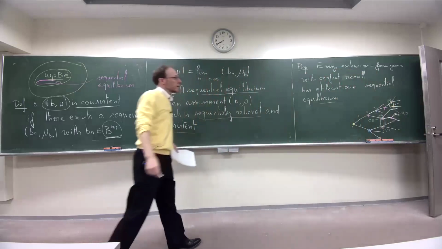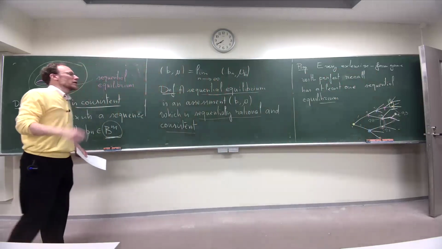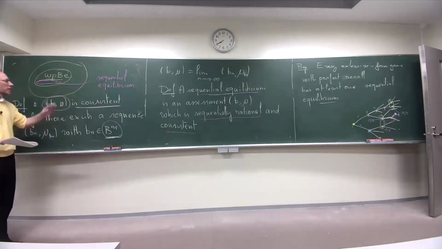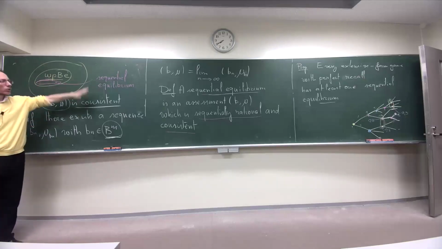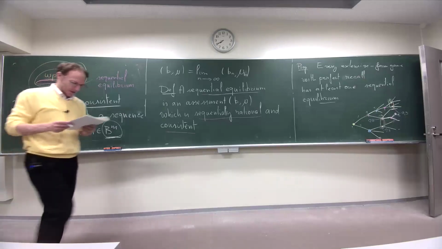So this is a result we need, of course, because it means that among all Nash equilibria, there is one which has these good properties I introduced.